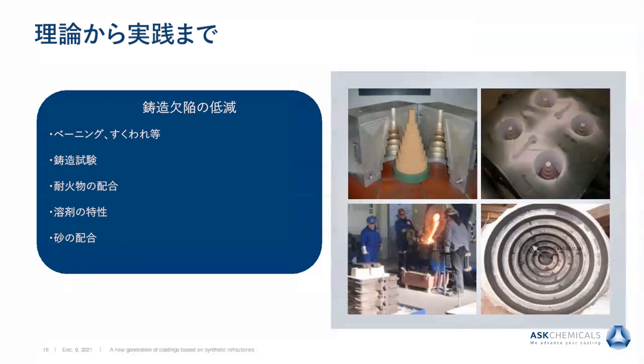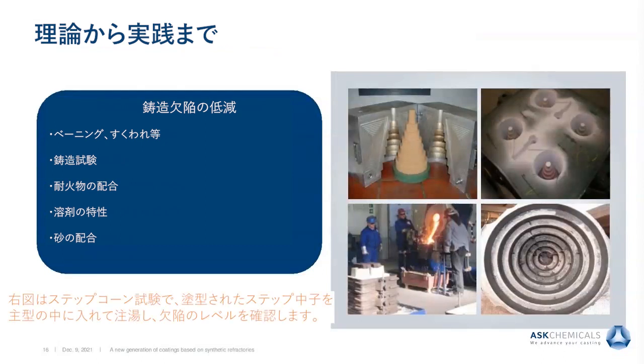And we are testing the refractories with different castings. We have two pilot foundries, one in Germany, the other one in the States. And in this case, you see a step cone, which is coated with a coating, then inserted in a mold, poured, and then we can rank the casting result.